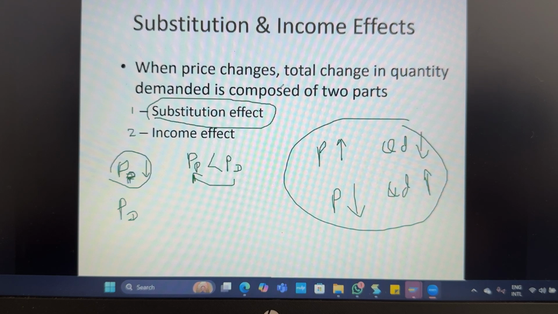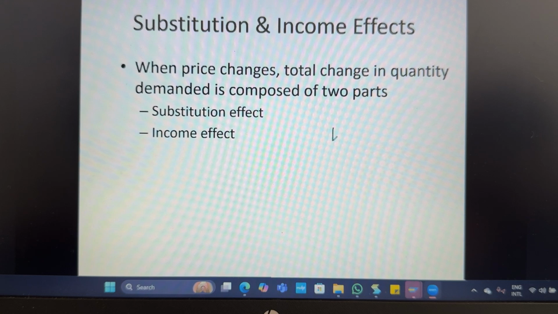There's another effect. It is called the income effect. What is the income effect? Actually, this is our money income, what you mention in your salary sheet, your rupee income. The rupee amount is not the matter.